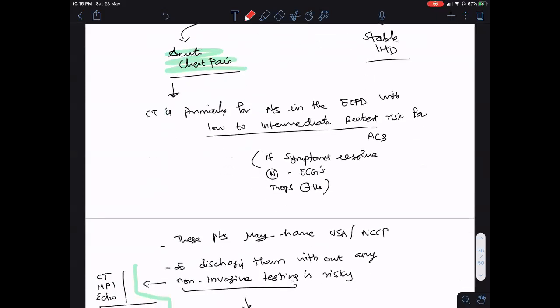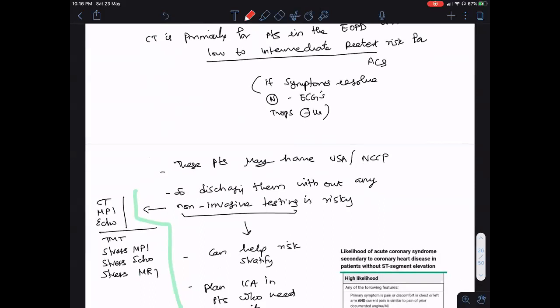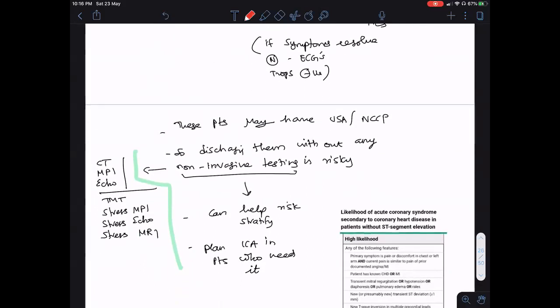So in patients who have a low to intermediate pretest risk for ACS, that is patients who have non-diagnostic ECGs, initial troponins are negative, symptoms are rapidly resolving. These are the patients who potentially are having non-cardiac chest pain. They have a very low probability of ACS, but they still can present with unstable angina. So discharging them without doing any non-invasive test is quite risky.